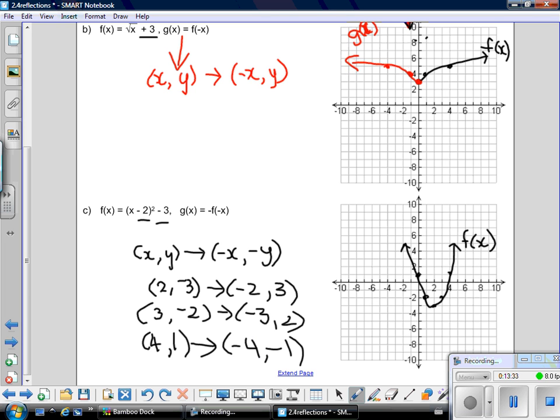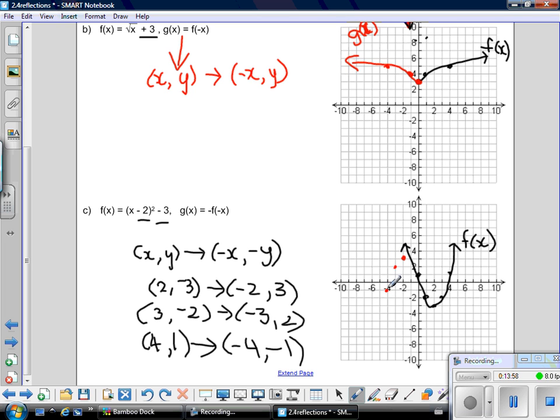And we're going to change colors here and actually draw our g of x now. So negative 2, positive 3, okay, now this is like our new vertex. Then we have negative 3, positive 2, and then we have negative 4, negative 1.